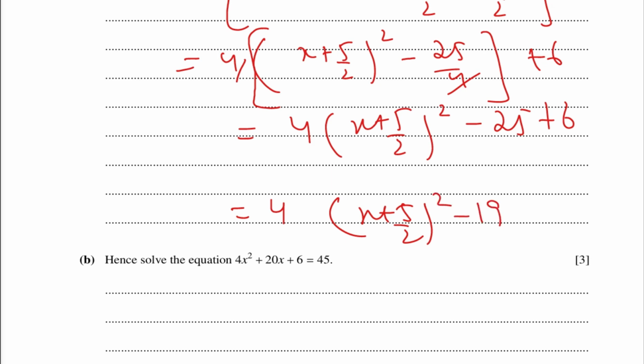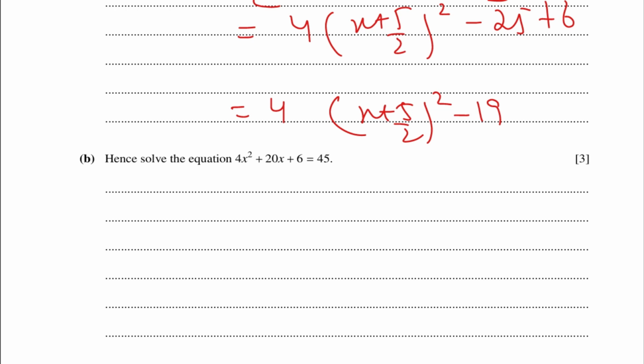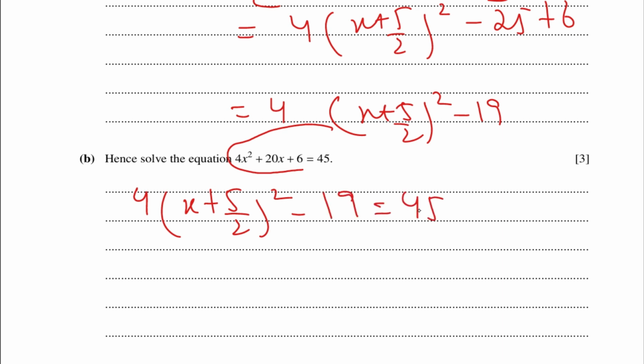Hence solve the equation 4x square plus 20x plus 6 equals 45. So already we have solved this side, and it was 4(x plus 5 over 2) square minus 19 equals 45.